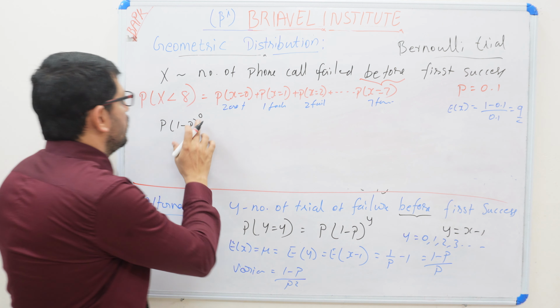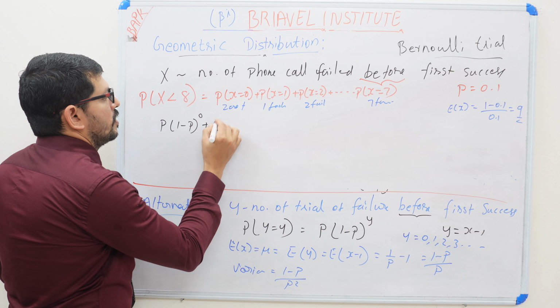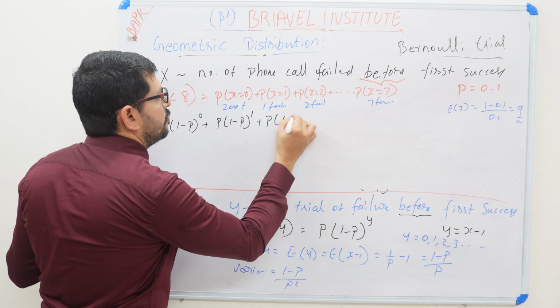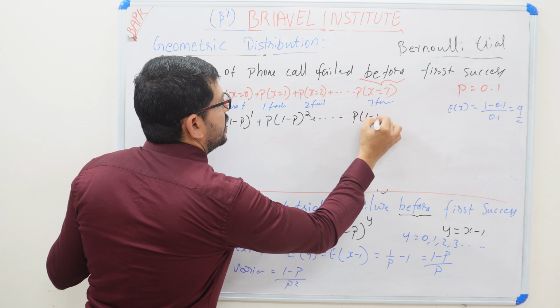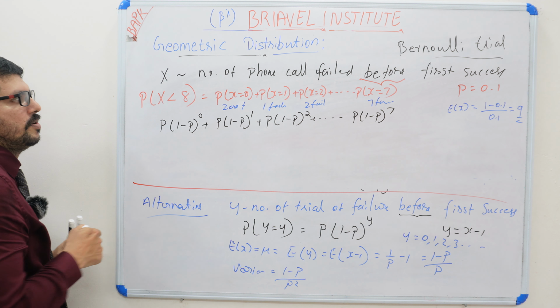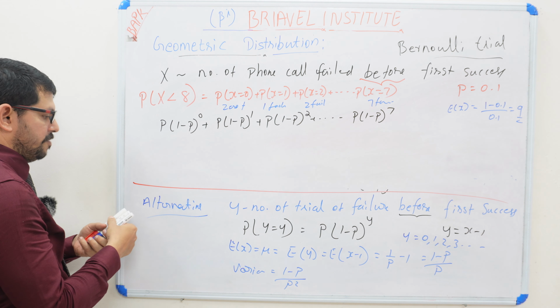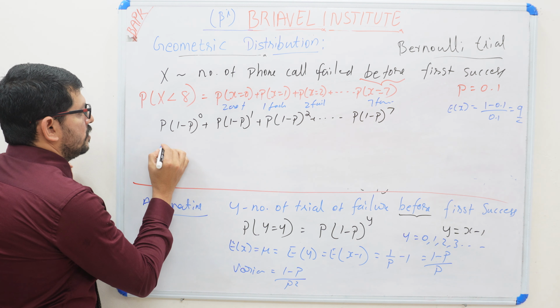So it is P into (1 minus P) raised to 0 plus P into (1 minus P) raised to 1 plus P into (1 minus P) raised to 2 up to P into (1 minus P) raised to 7.